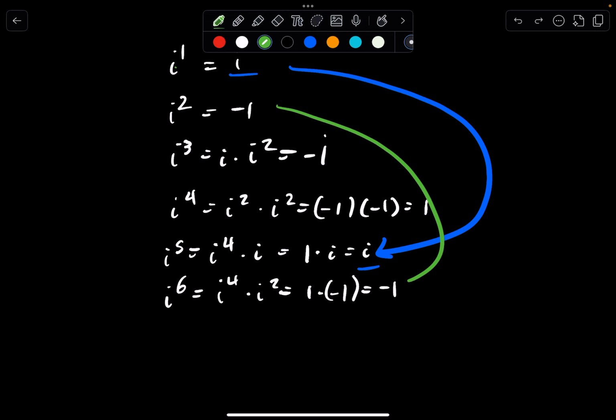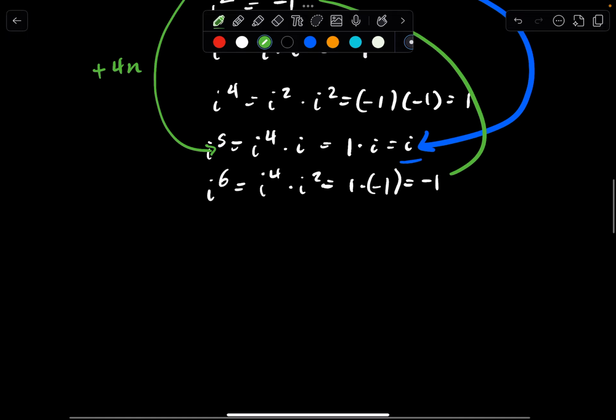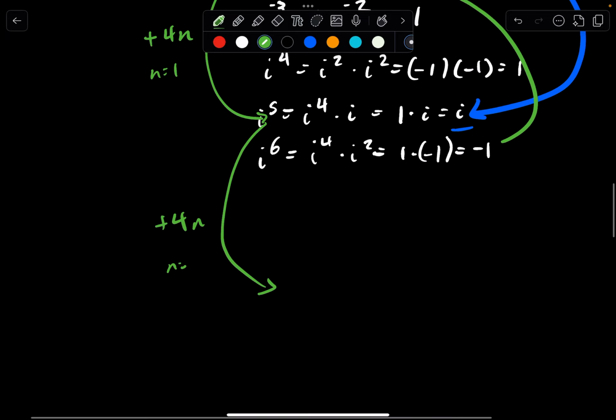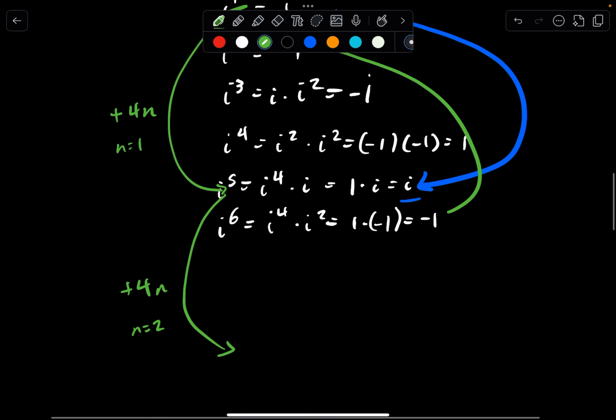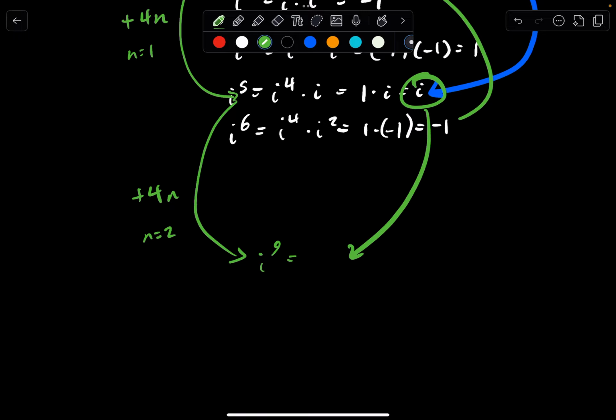So if I take this exponent of 1 and I add a multiple of 4, plus 4n, where n equals 1, n equals 2. But what's 4 plus 5? That's just 9, which means I to the ninth will give the same answer, I.